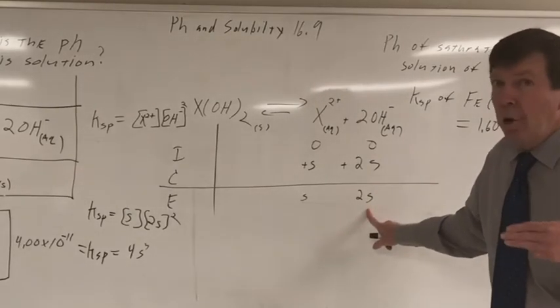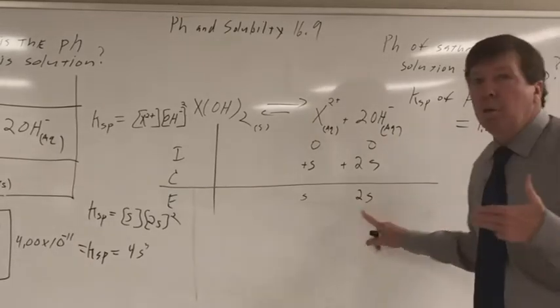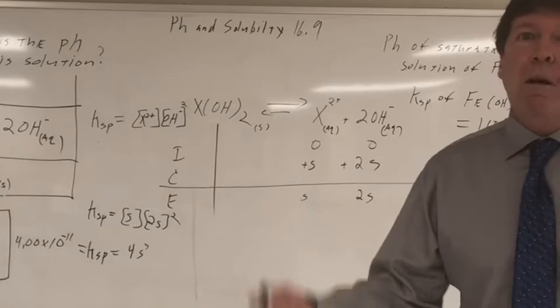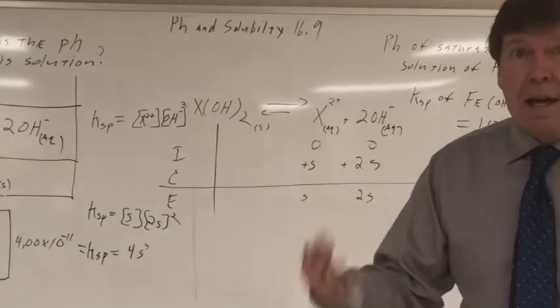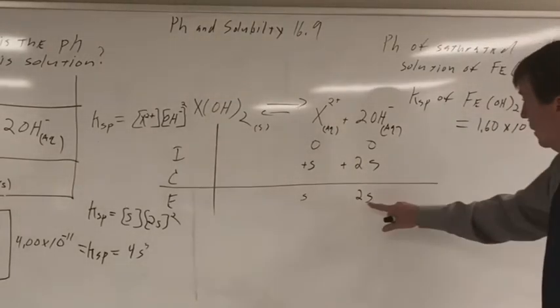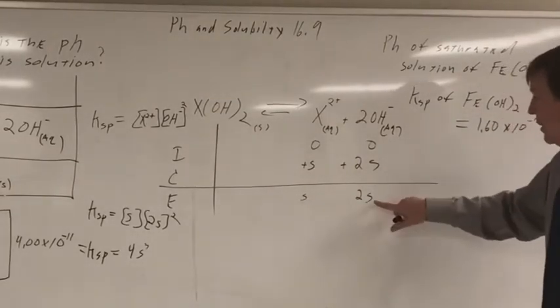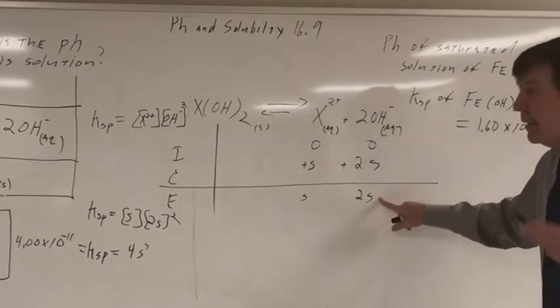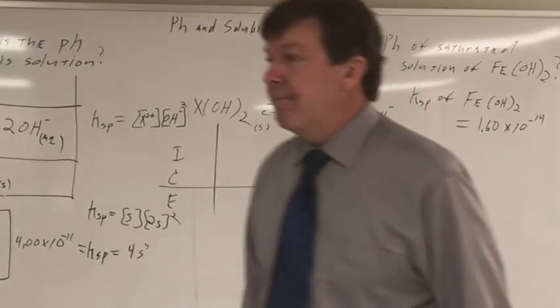Then we know that 2s is going to equal our hydroxide ion concentration. We can then figure out the pOH, then figure out the pH. Don't forget, you solve for s. Hydroxide is 2s. Give it a shot. So will I.